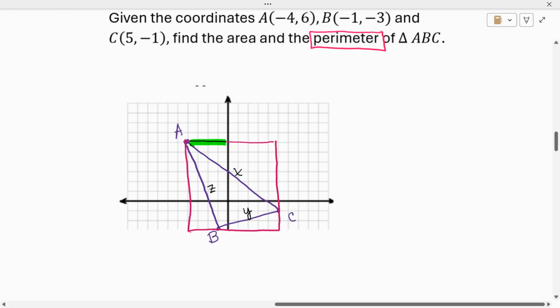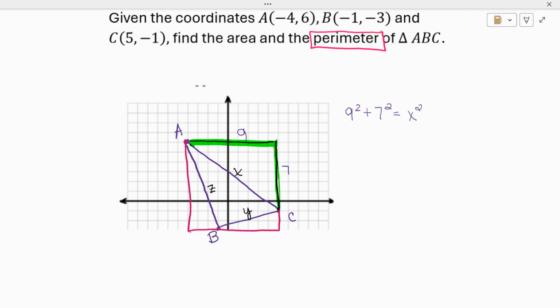So we're going to use Pythagorean theorem. So I have to figure out this measure right here and this measure and put it in Pythagorean theorem. So what are my units? 7 and 9. So that means I have 9 squared plus 7 squared equals x squared.